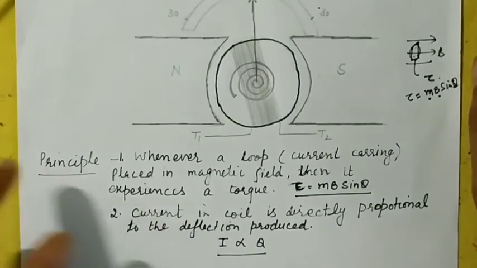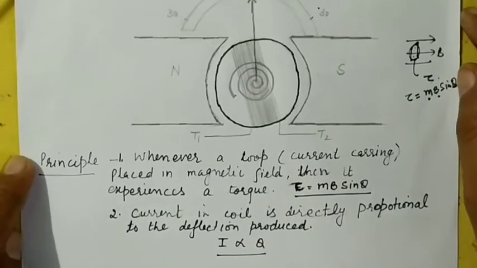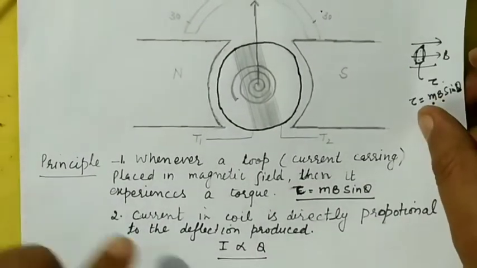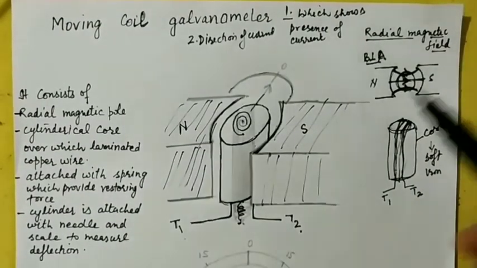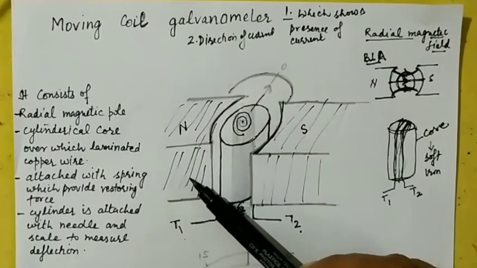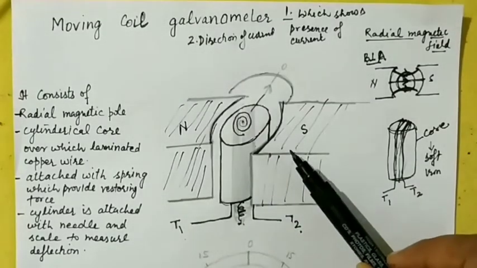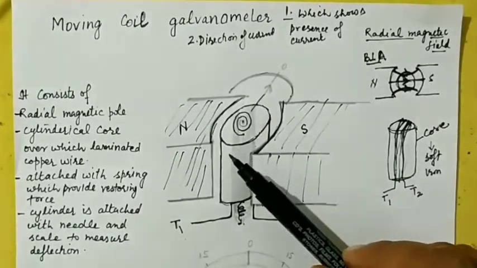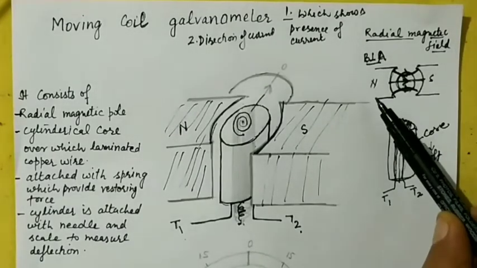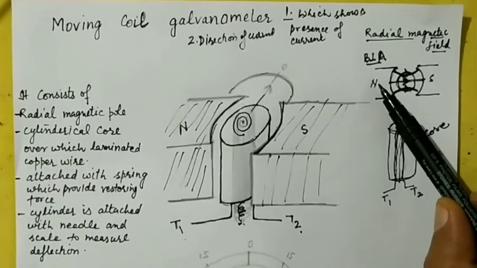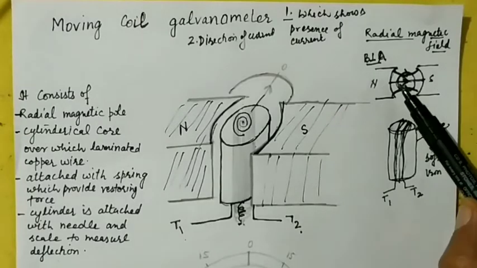Now let us discuss the construction of the moving coil galvanometer. It consists of two poles, that is, North Pole and South Pole. The shape of these poles is so adjusted that it provides a radial field. See, as in this figure, this is your North Pole and South Pole.